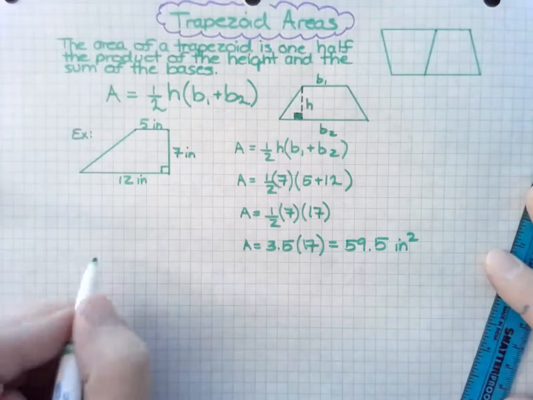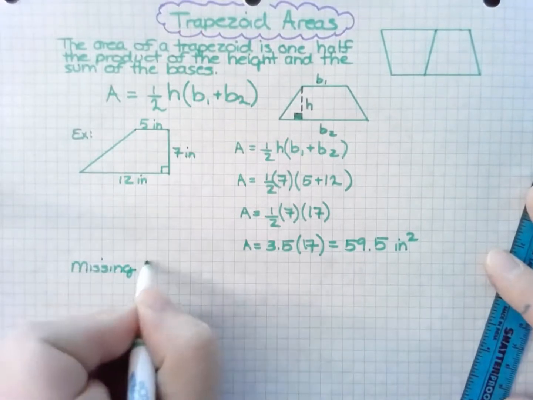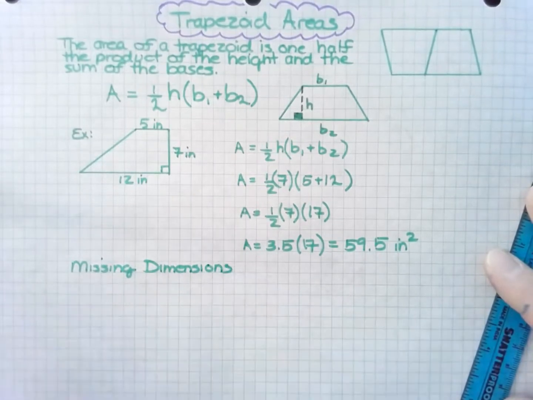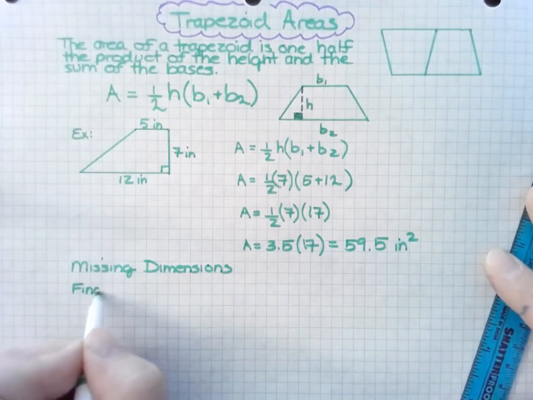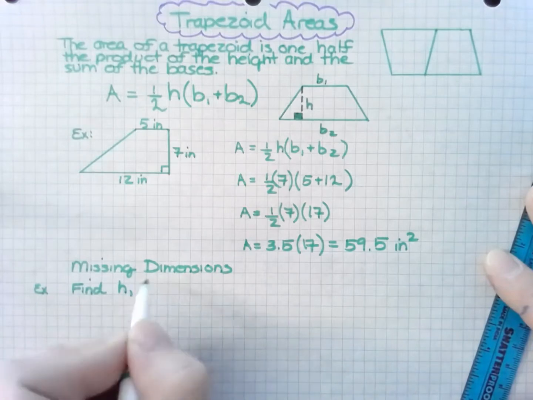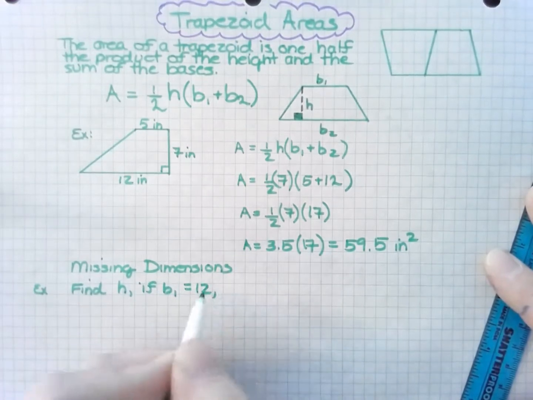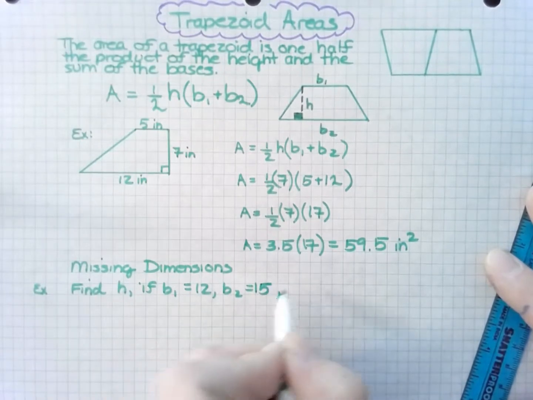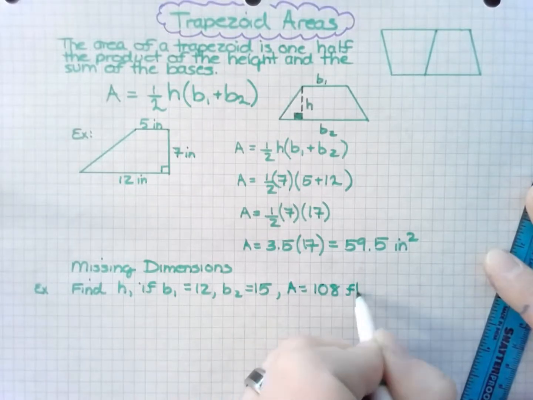Sometimes we have to find the missing dimensions. Find h. If b1 is equal to 12, b2 is equal to 15, and A is equal to 108 feet squared.